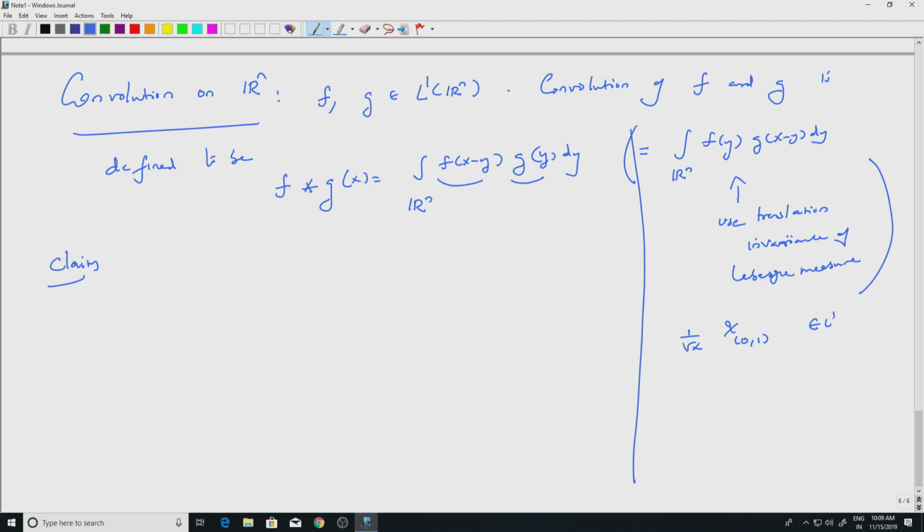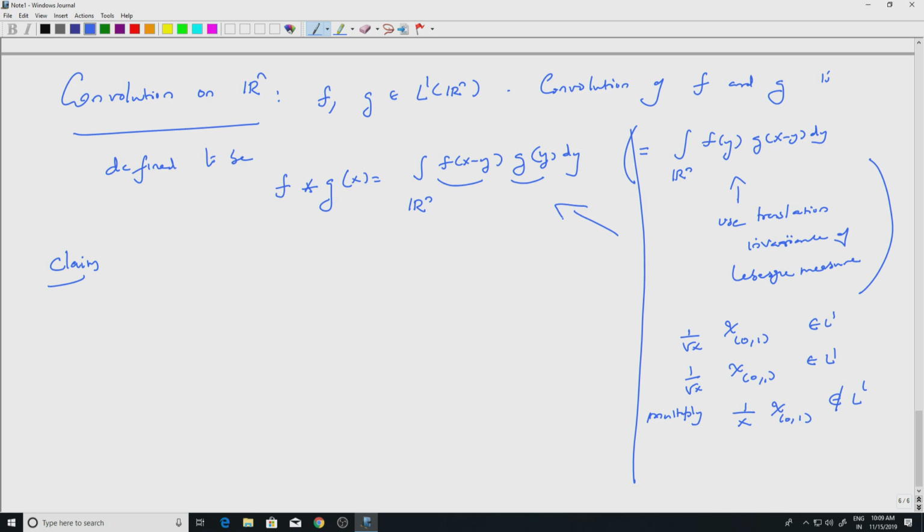And again 1 by root x is also in L1. If I multiply, I'll get 1 by root x times 1 by root x, which is 1 by x. But 1 by x is not integrable near 0, so it's not in L1.